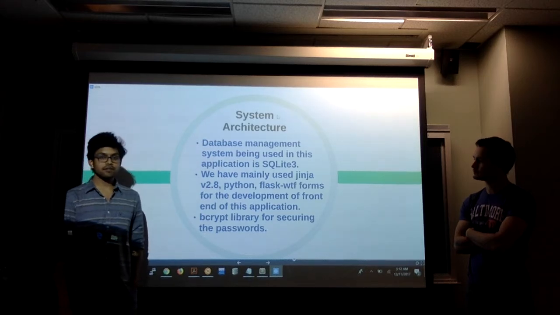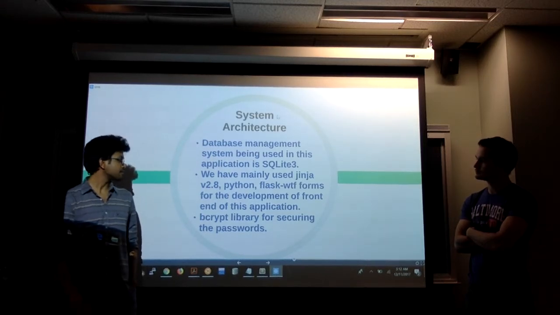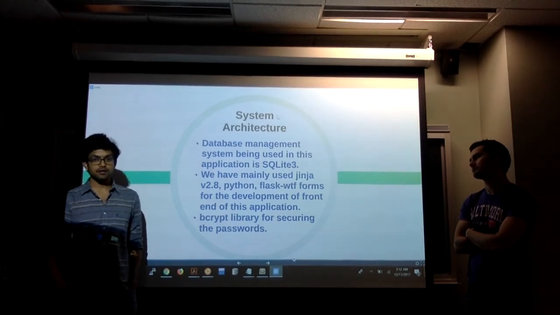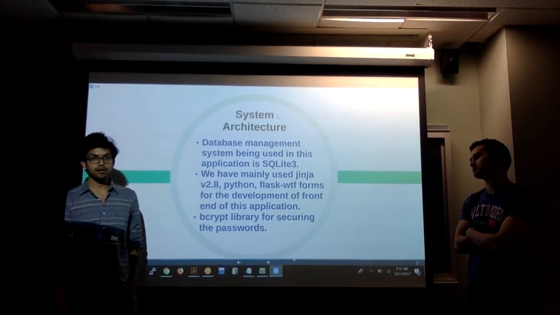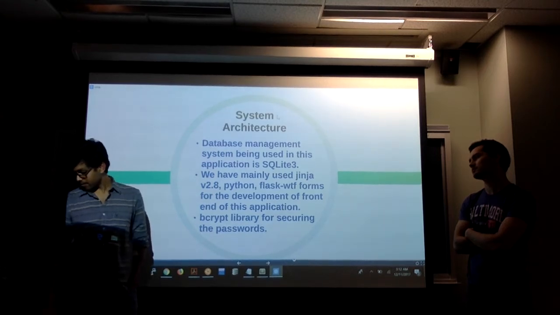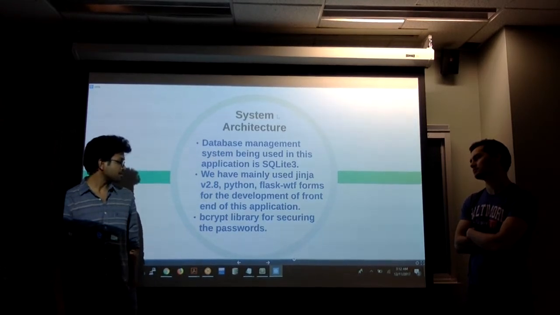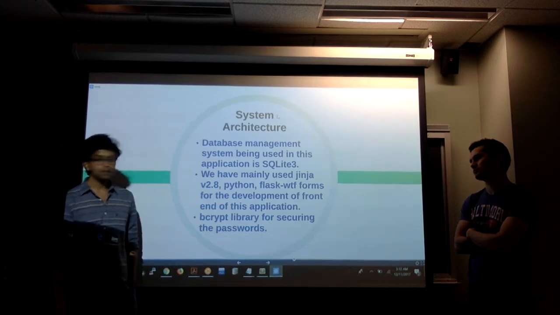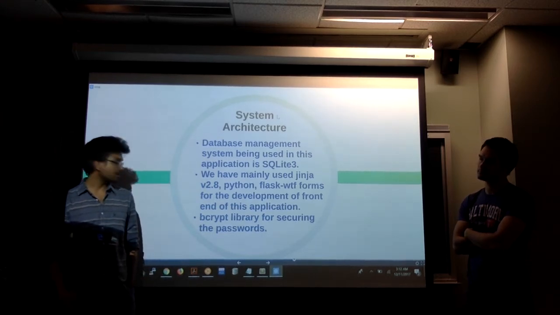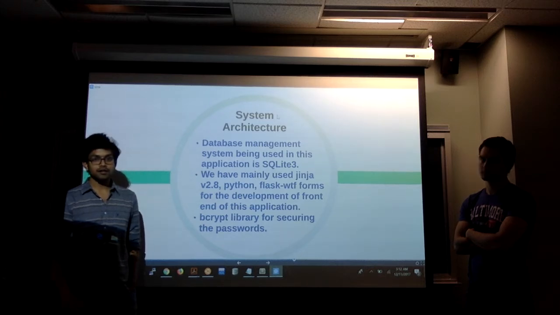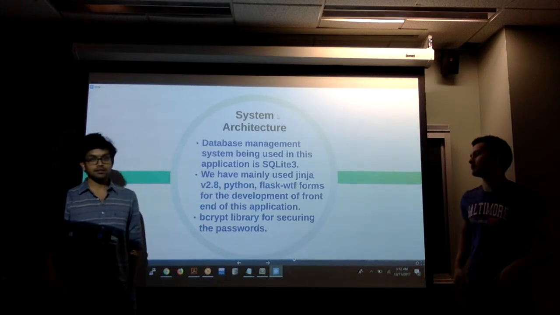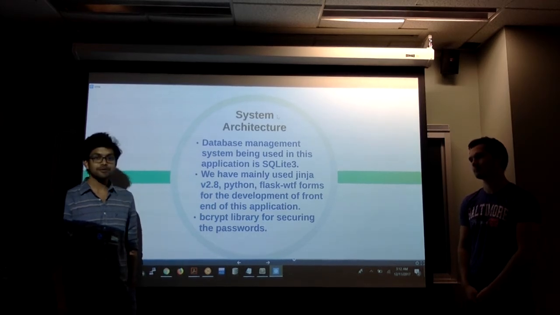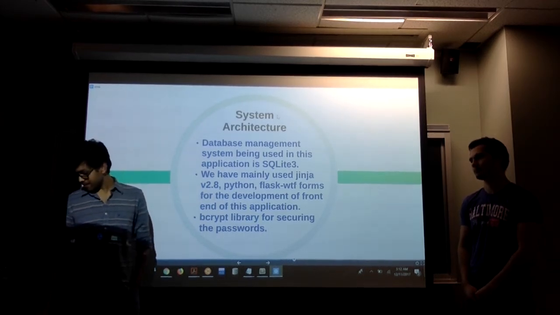For that, we use different libraries, for example Jinja, Flask, and Forms, to make the front end look more dynamic and create the forms on the fly. We also use another Python library called bcrypt, which encrypts the user passwords and makes their login secure enough that it's tough for hackers to breach into our database.